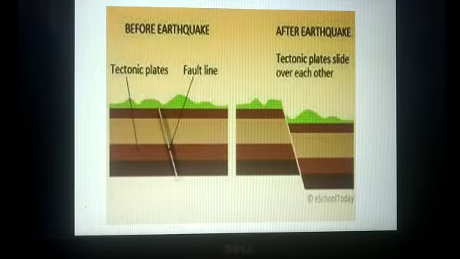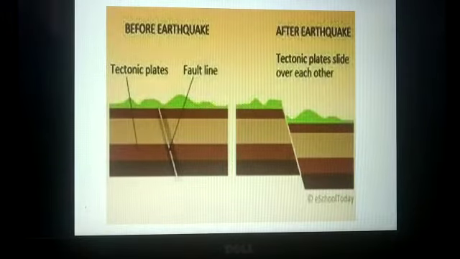Friction keeps them from moving to the side. When you push sideways hard enough to overcome this friction, your fingers move suddenly, releasing energy in the form of sound waves that set the air vibrating and travel from your hand to your ear where you hear the snap.